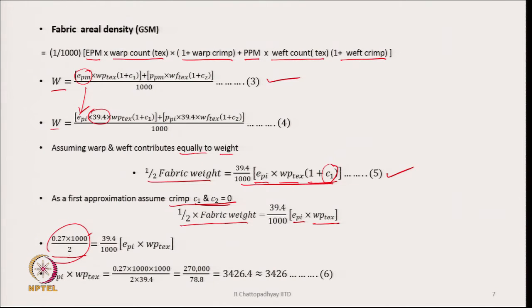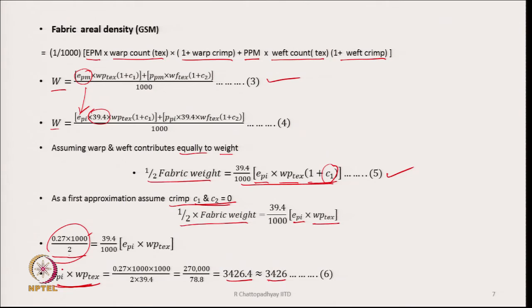From there what we find out is that the multiplication of EPI and warp count is a value 3426.4, that is EPI into count of warp should be 3426. So, here also you see ultimately we are ending up with an equation where there are two unknowns and one value given.